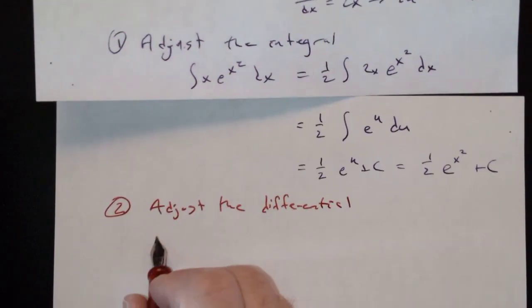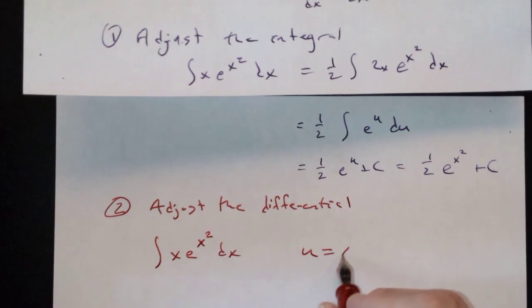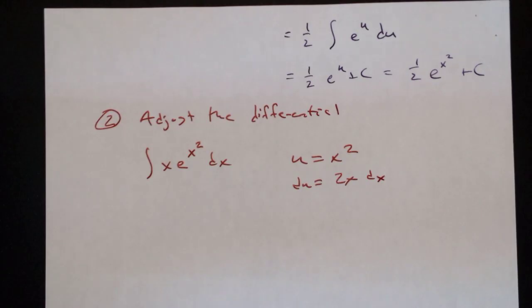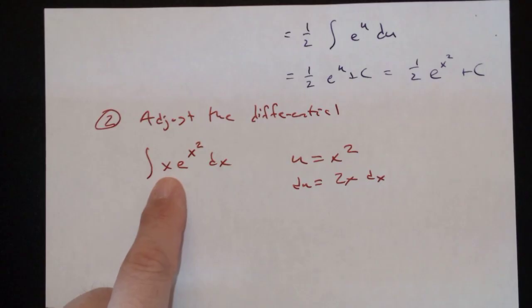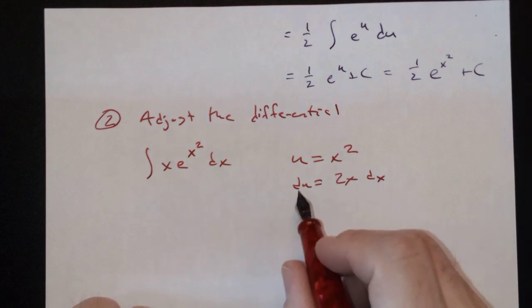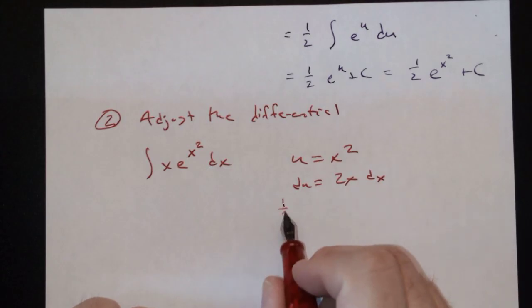We have this. And I say to myself, I don't have a 2 here. I have an x and a dx, I just don't have a 2. So as I move the dx from this side to this side, I'm going to move the 2 to this side.